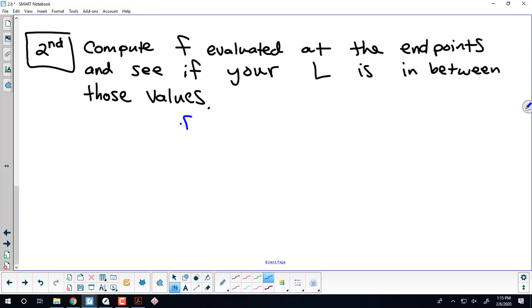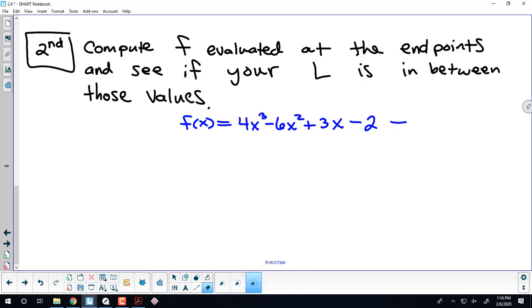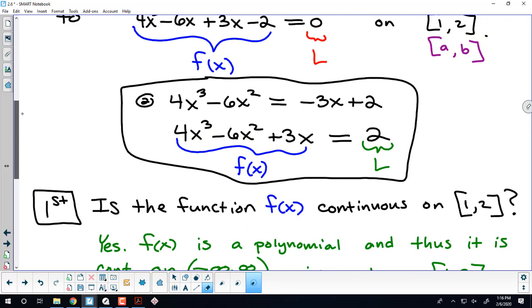I'm just going to write down the function again. Oh, sorry, our L was 0. That was minus 2, that was our function. We wanted to know, that was our rearrangement when L was 2.